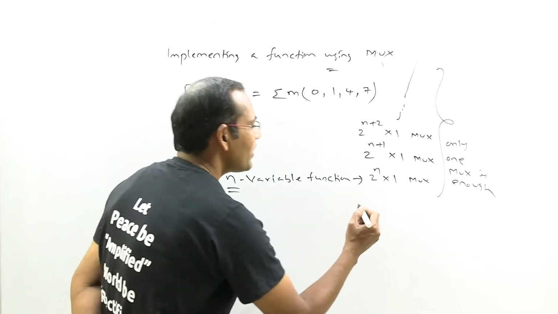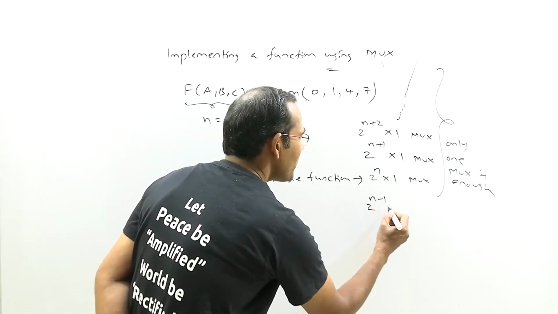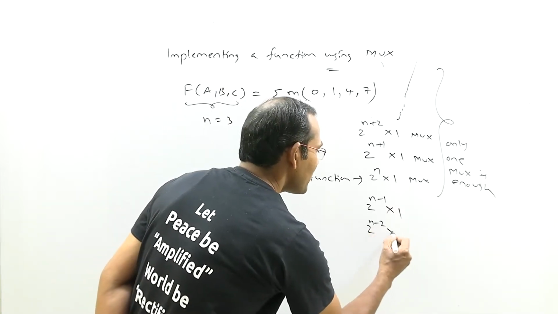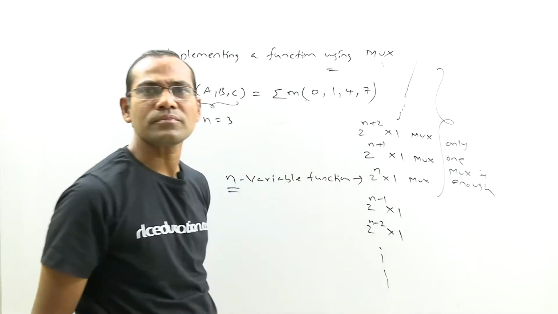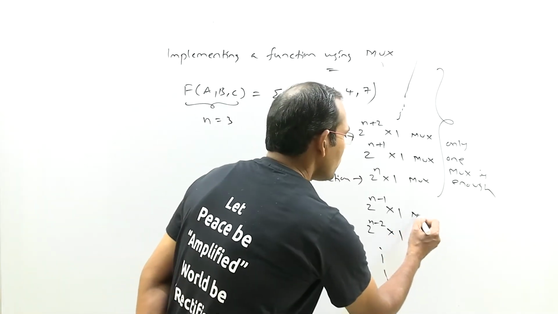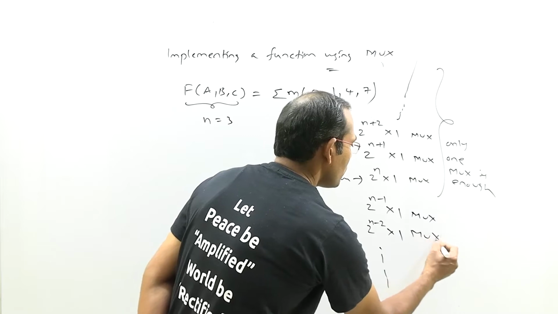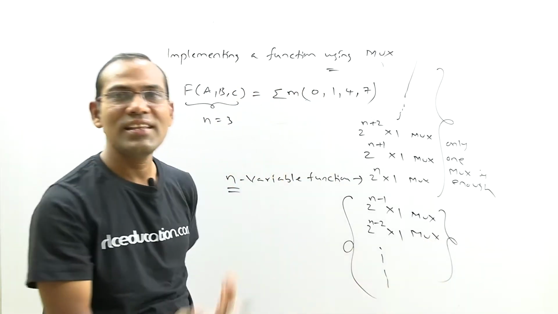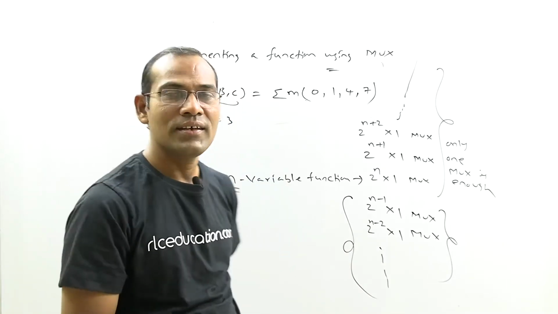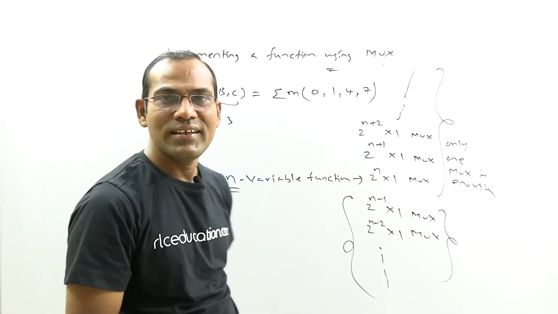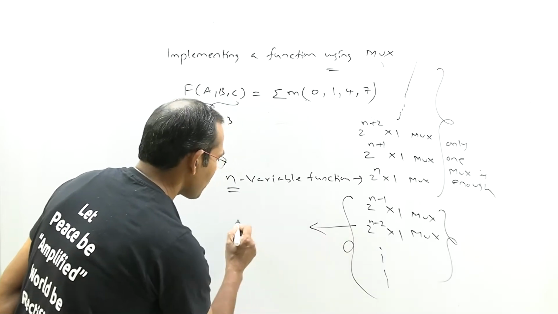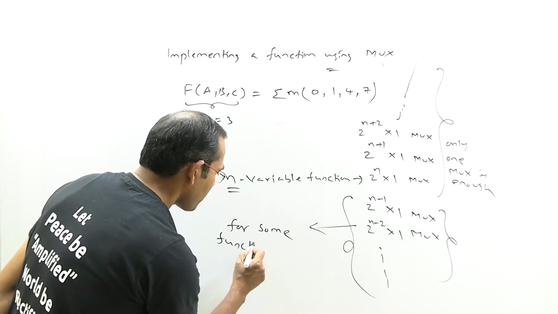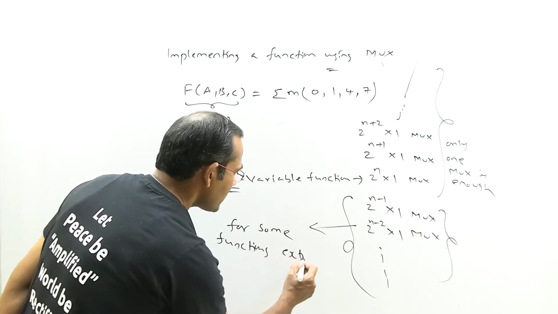Suppose if you want to implement with a 2 power n minus 1 by 1 mux, 2 power n minus 2 by 1 mux, and so on. In this case, for some functions, extra gates are needed.